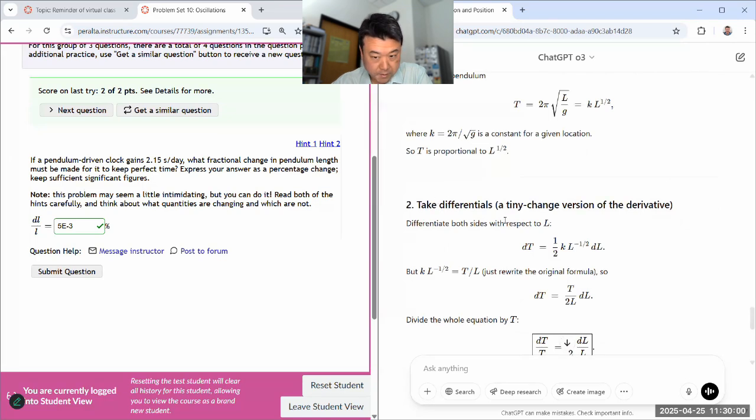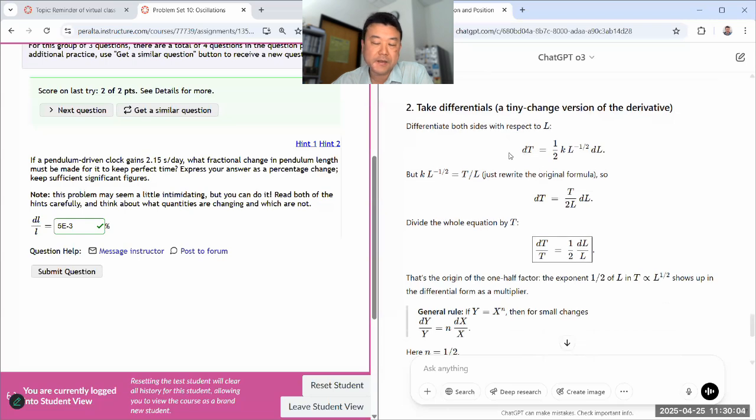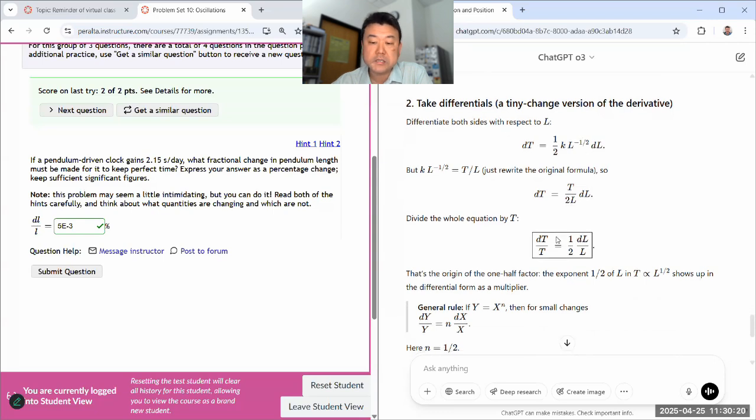Take the derivative, it's the same deal. Yeah, this is fine. So yeah, and then you substitute in this. That'll allow you to cancel out some stuff, and this factor of 1/2 basically comes from the exponent.